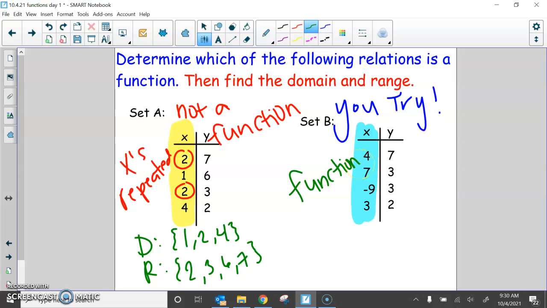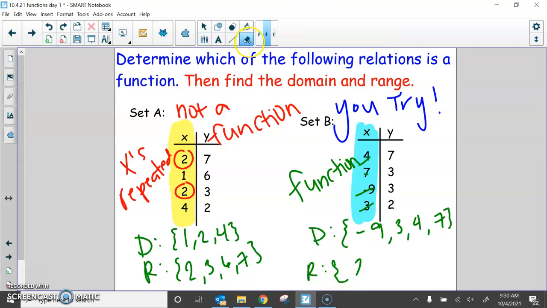It is a function because 4, 7, negative 9, and 3, none of those numbers repeat. Your domain, smallest to largest, should be negative 9, then 3, then 4, then 7. Your range should be a 2, a 3, and a 7.